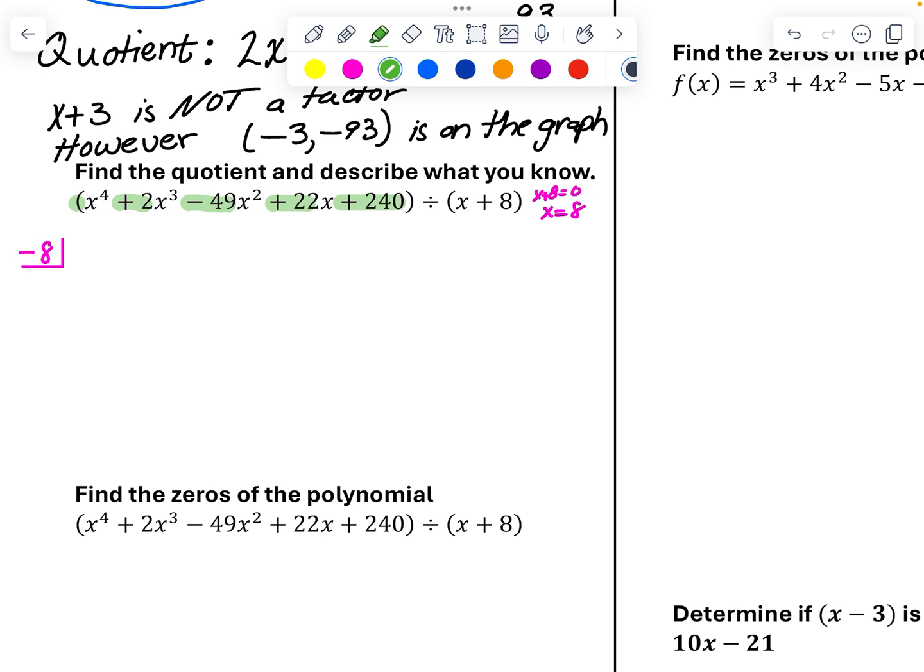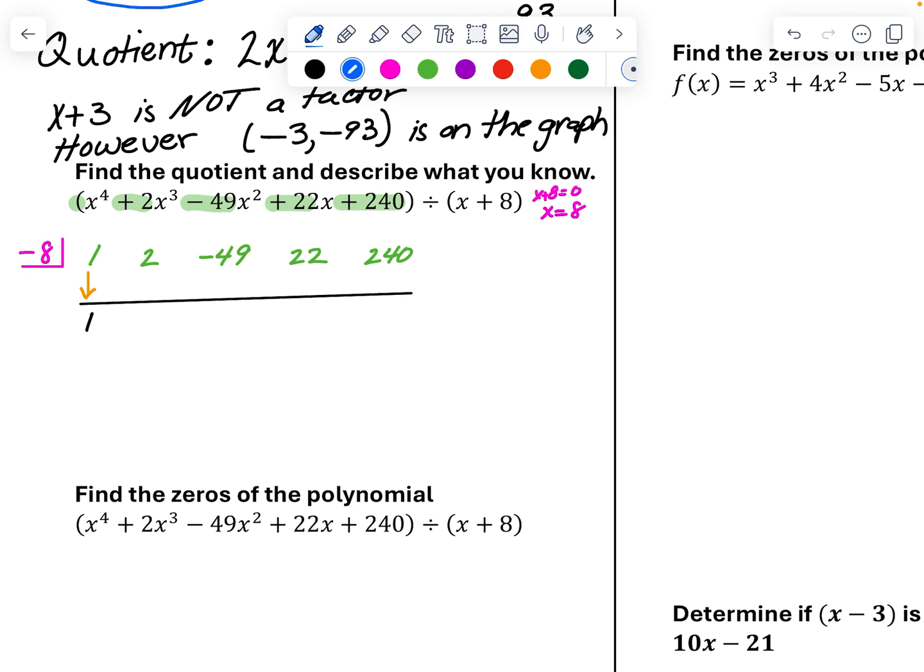And we are going to put those right here: 1, 2, negative 49, 22, 240. We are going to leave space. We are going to put an equals bar. And we are going to pull the very first term straight down. That is going to give us the number 1.